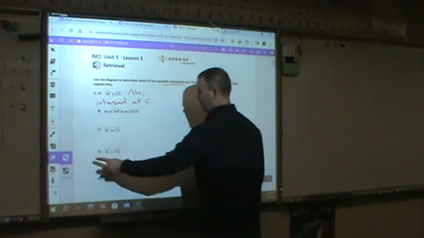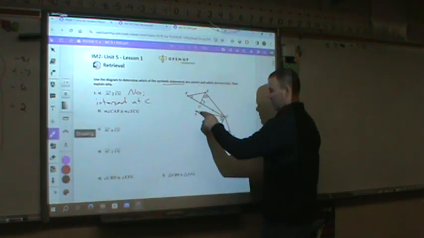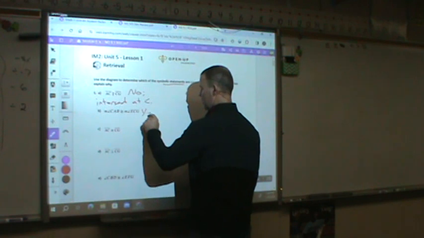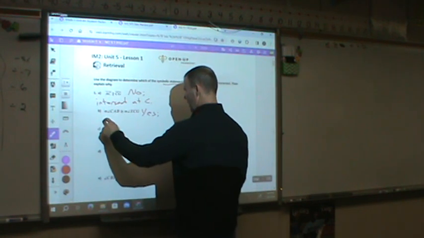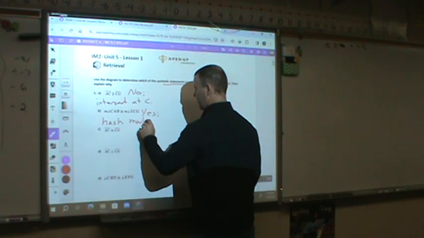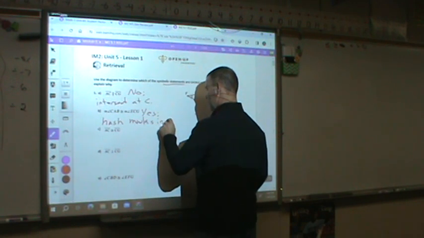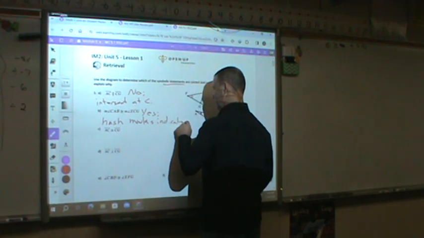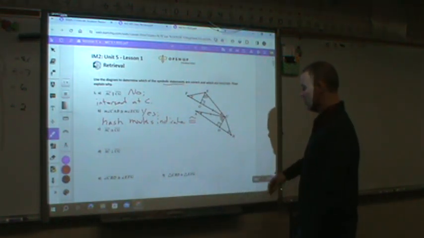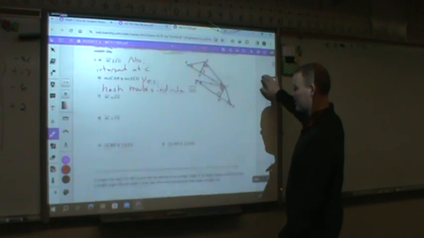I'm going to get rid of it, and what you can see is that there's one hash mark here and there's one hash mark there. So yes, hash marks indicate congruent. All right, that's just giving reasoning to what's going on, and you'll keep doing the same thing.